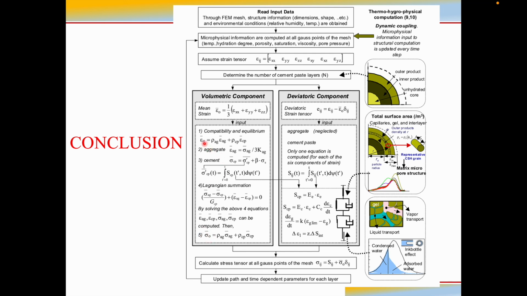Here it is the same as here. We can say that the stress that acts on the concrete is composed of the stress that acts on the aggregate and the stress that acts on the cement. Using these results, we can calculate the stress tensor at all Gauss points of the mesh, which looks like this.